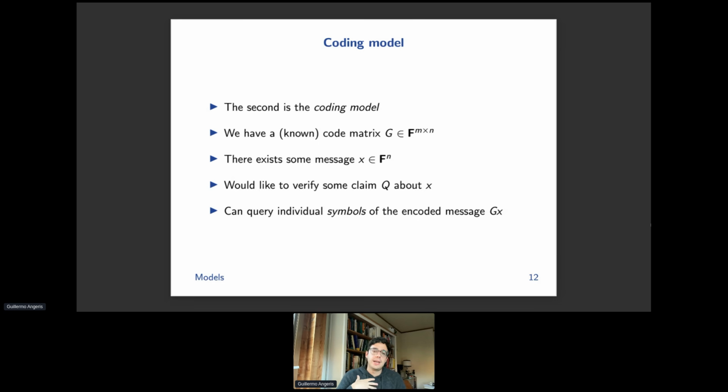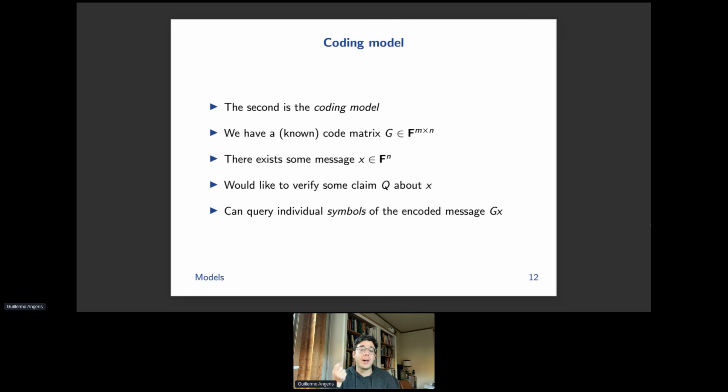This code matrix is known to everybody. It is certainly known to us. And much like the previous case, there is some message that we do not know ourselves, lying somewhere out there in space, and we would like to verify a claim about that message x.